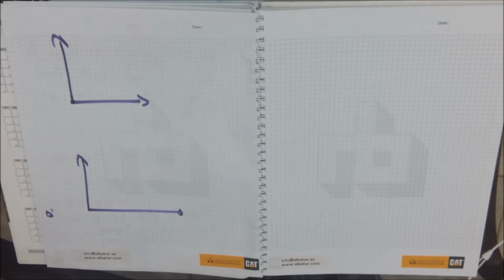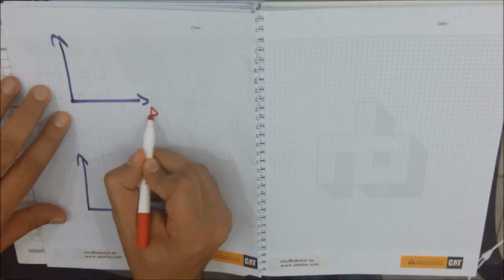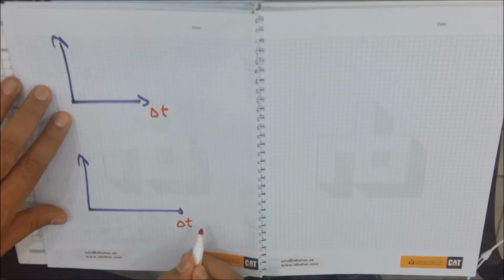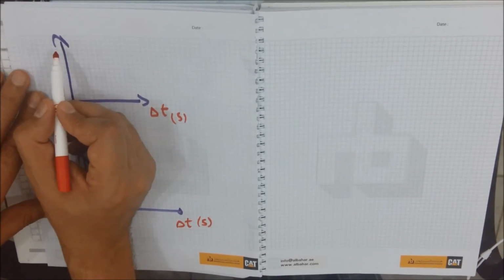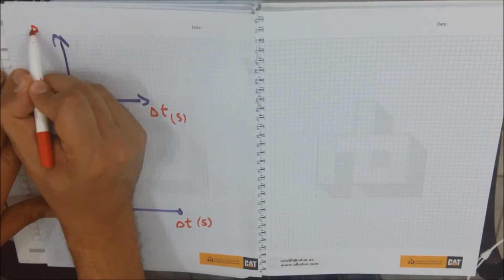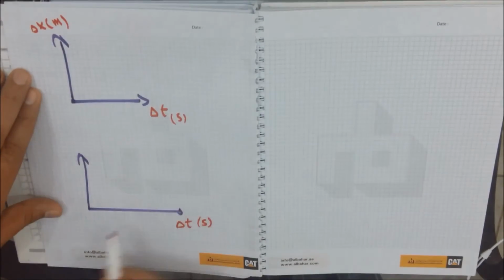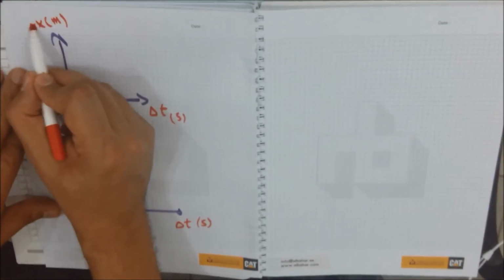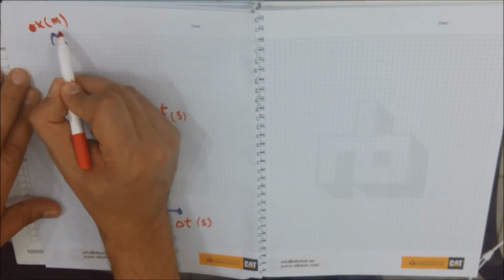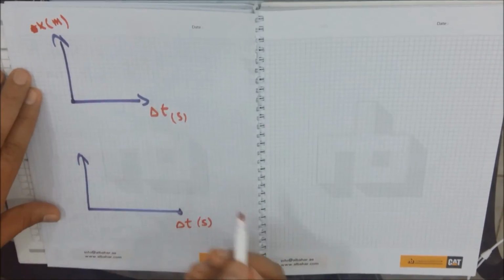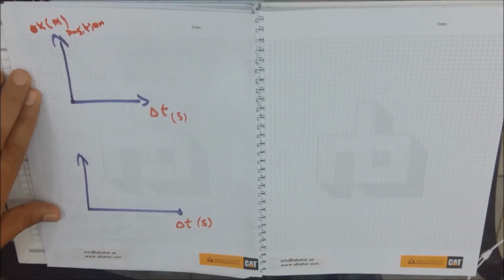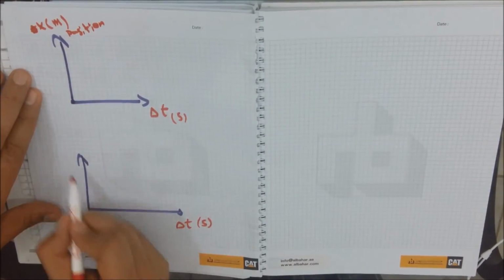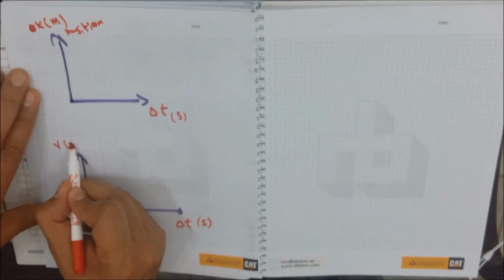Here in the first graph, the x axis would be delta t in seconds, and here also would be delta t in seconds. Here I would have displacement delta x in meters, or x, which is position basically. It should be position in meters, and here we have velocity, in meters per second.